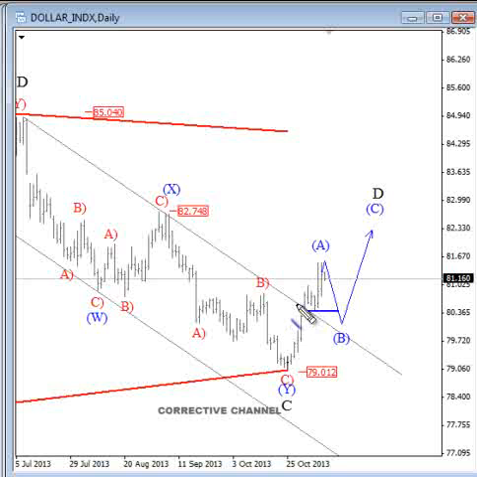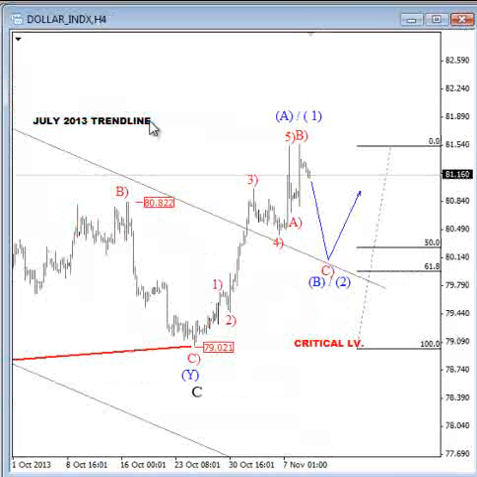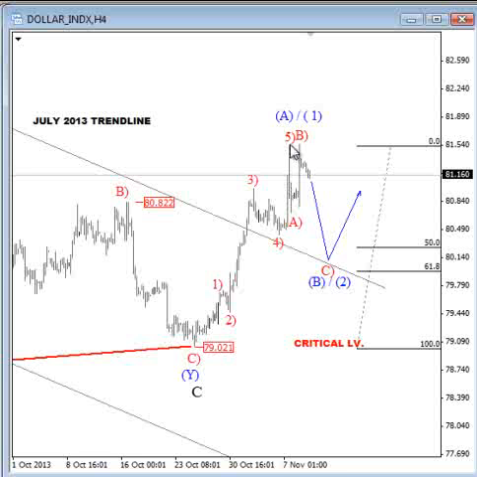So this is a nice continuation mode for the US dollar. This was probably a 5th wave of this rally, and we know that after every 5 waves a correction will follow.